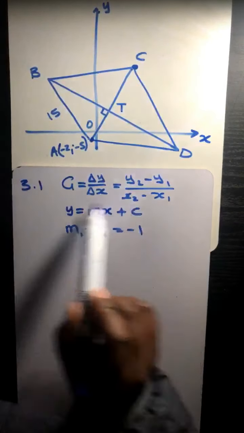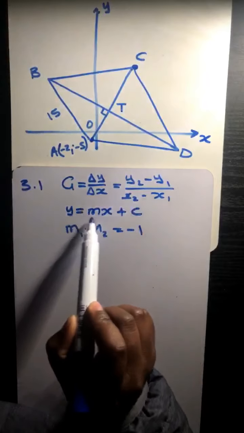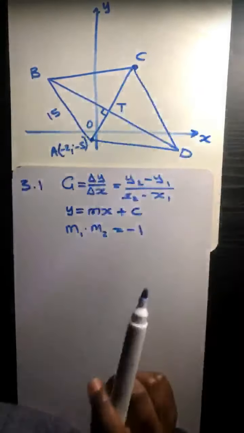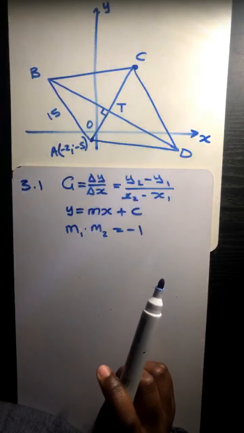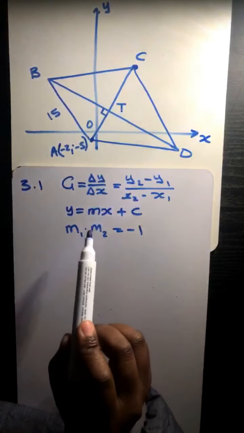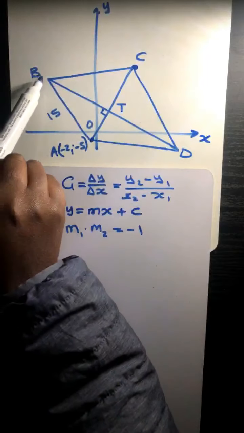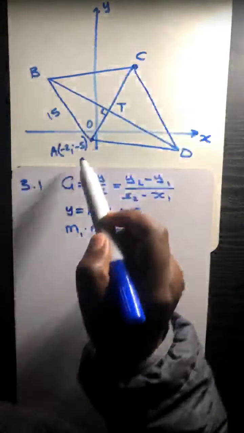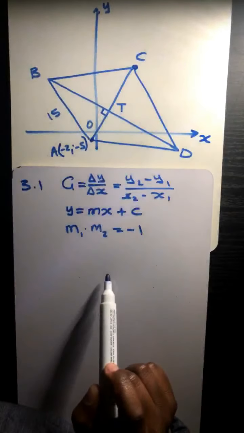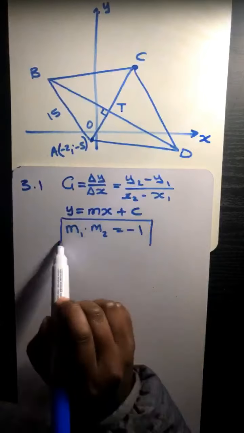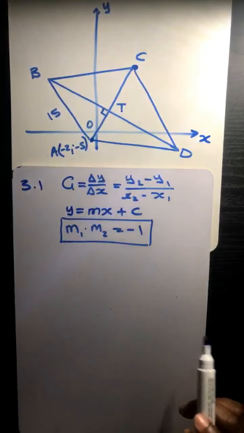If we had it, we would know that this represents the gradient of that line AC. But now, do we not have the gradient of a line crossing that AC? If we do have it, then the applicable formula is that one over there.